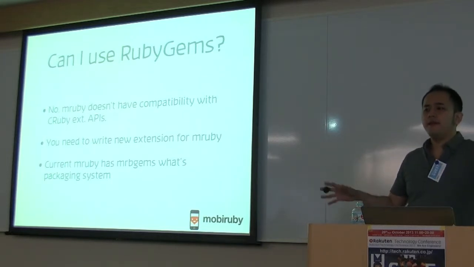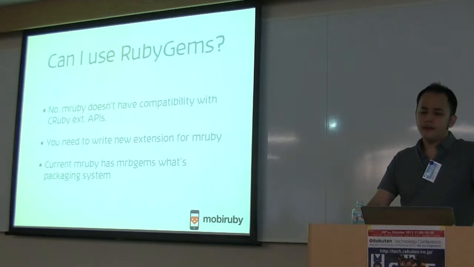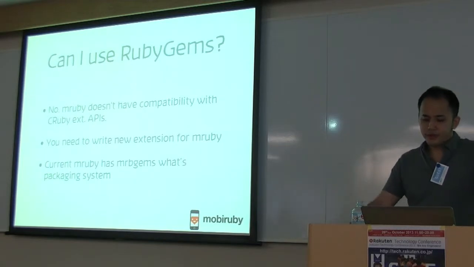It's really different. The biggest difference is the garbage collection. Probably you need to make the mruby extension from scratch, but it's much easier than the C Ruby extension.